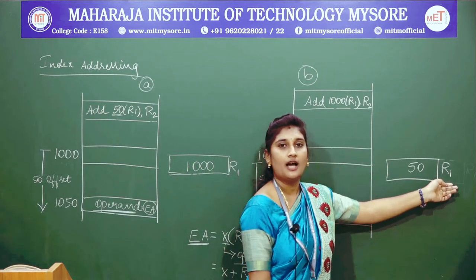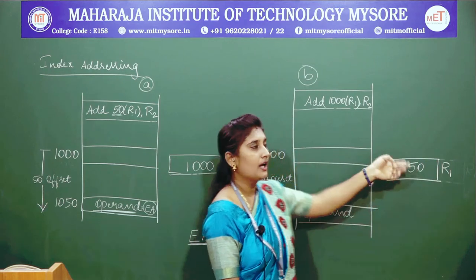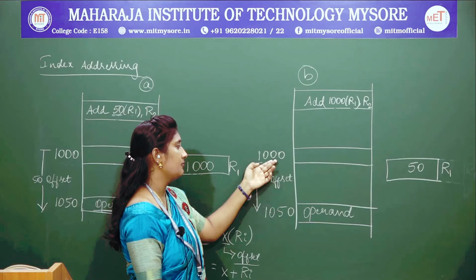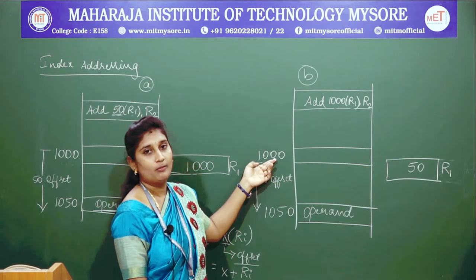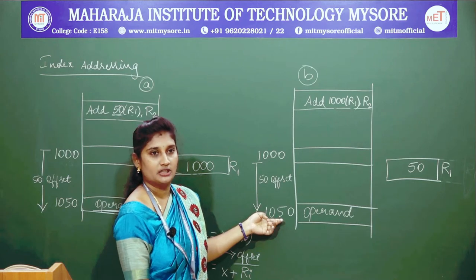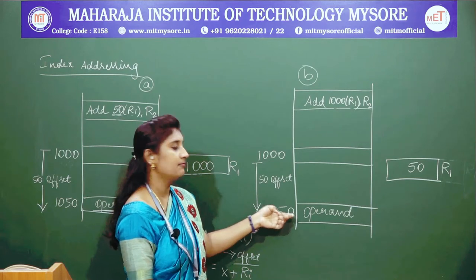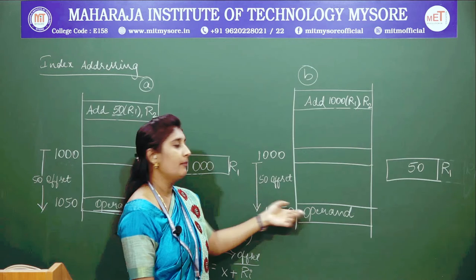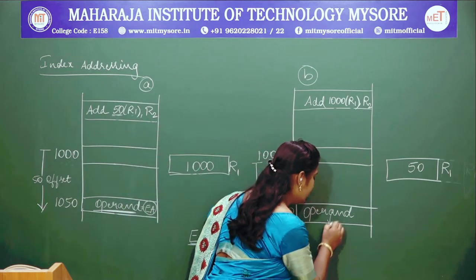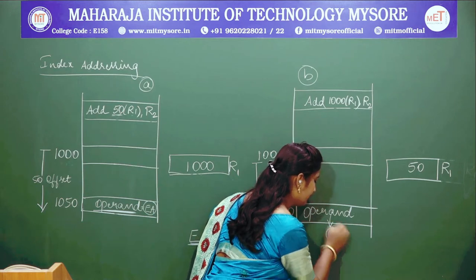R1 holds the value 50. Again I come back to the 1000 memory location, add the constant value 50 to this memory address, and then I reach my effective address position, that is the 1050th position, where my actual operand is present. Here it becomes the effective address.